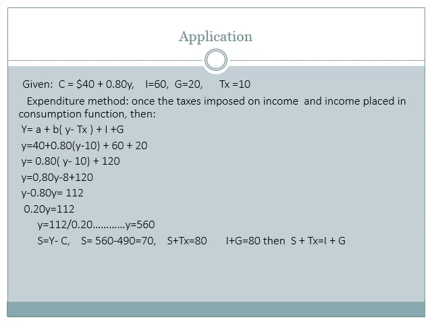In this example, taxes have no common relation with investment and government expenditure, I mean, in this case. So, when we apply the expenditure method, we have to take this factor into account.